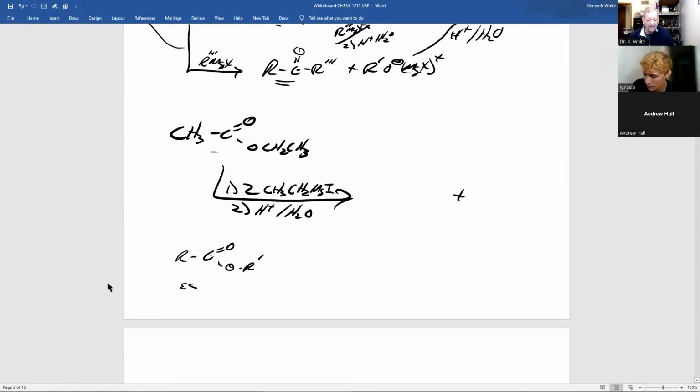It's an ester. Then, what are we reacting it with? Ooh, 2 of carbon magnesium chloride. That's a Grignard. Second step acid, H plus, water.